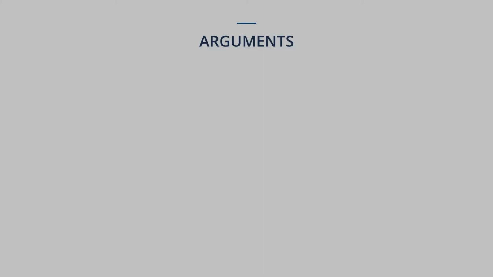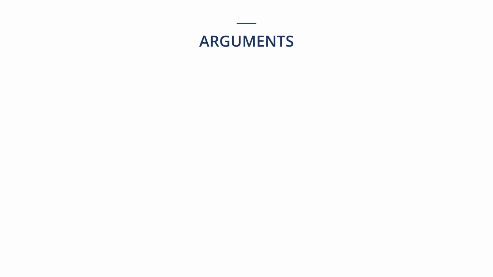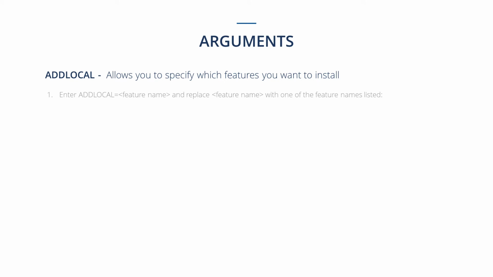Let's move on to look at some of the different arguments that can be used in Tricentis Tosca's installation command to perform various operations. Here are some of them. AddLocal. This argument specifies which optional features to install. Enter ADDLOCAL equals feature name, and replace feature name with one of the following: Tricentis Tbox, Tricentis Classic, DEX Agent, Tosca BI Data Testing, Tosca Vision AI Engine.